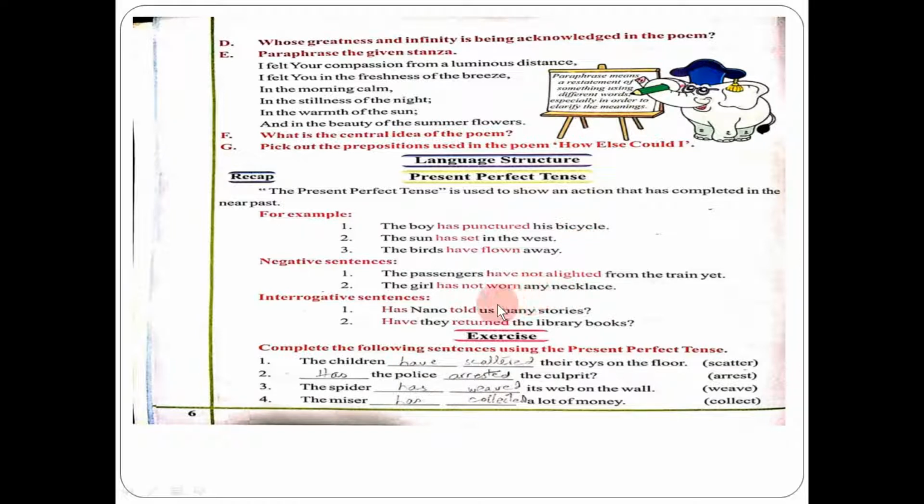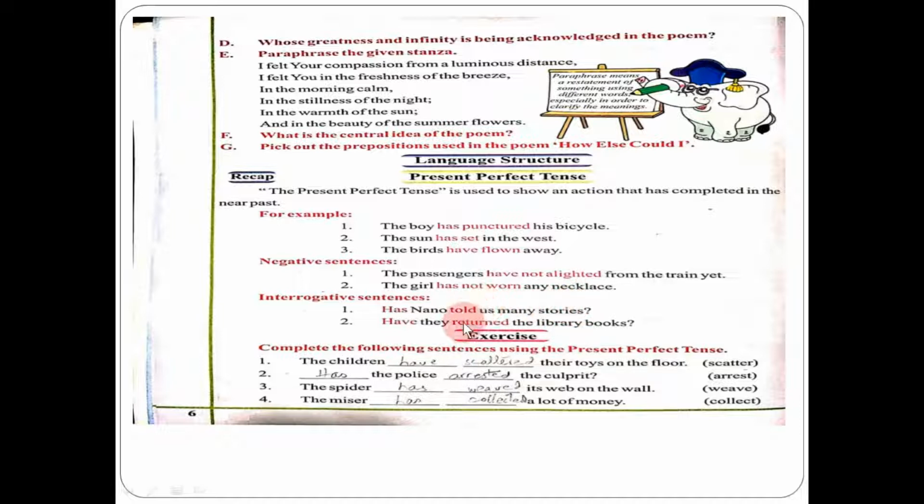Now move towards the next part of this topic, that is interrogative sentence. In interrogative sentence, what you have to do? You have to put helping verb in the beginning of the sentence. And at the end of the sentence, you are going to add question mark. Is it clear?